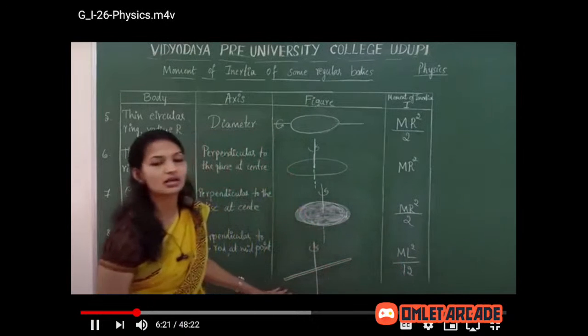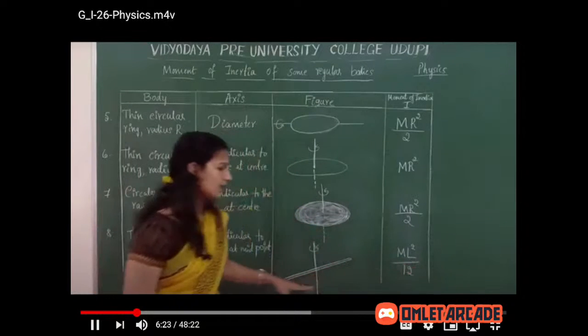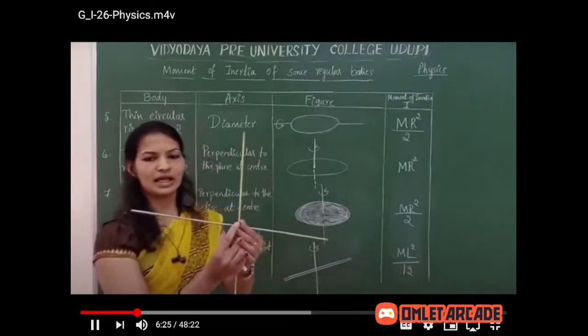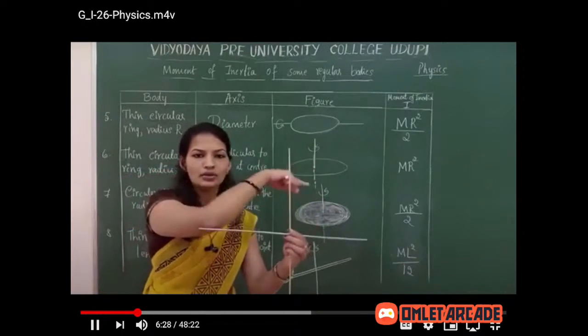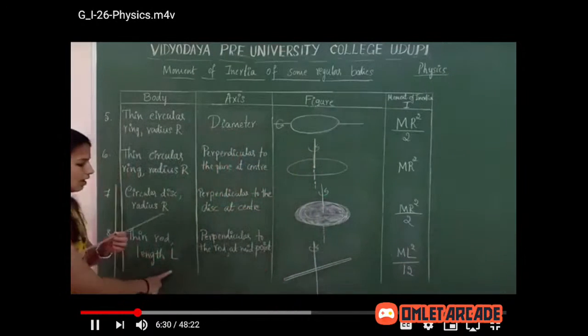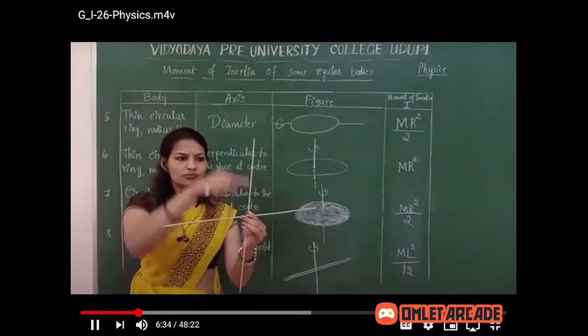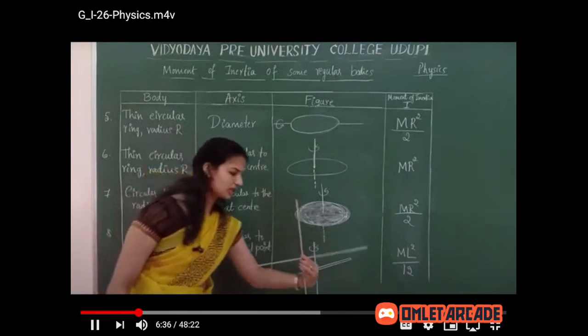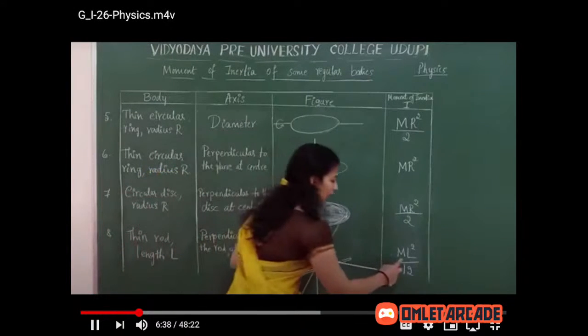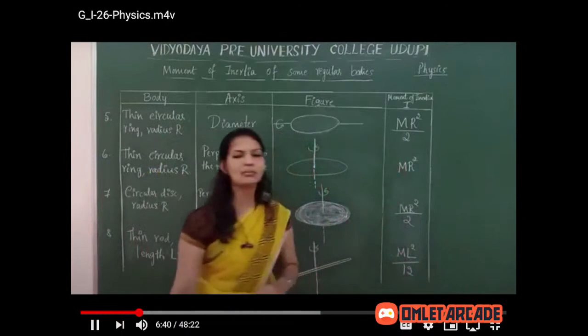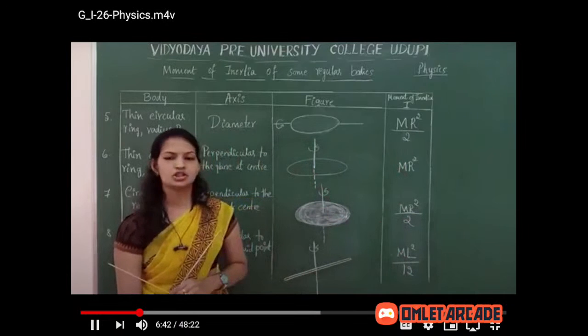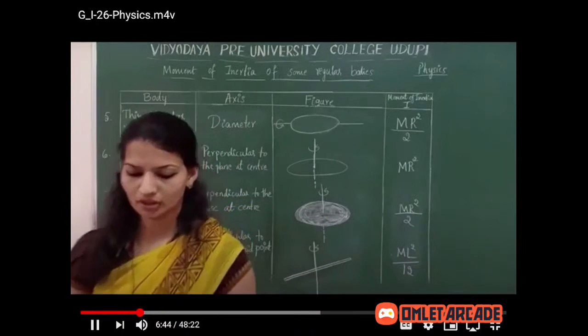M is the mass of this rod and L is the length of this rod. This is our axis of rotation. The figure is like this. And the moment of inertia becomes mL square by 12.